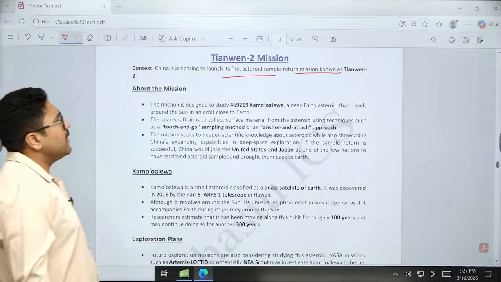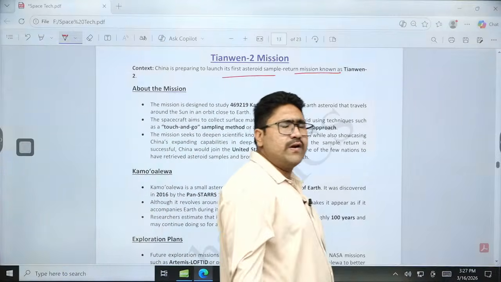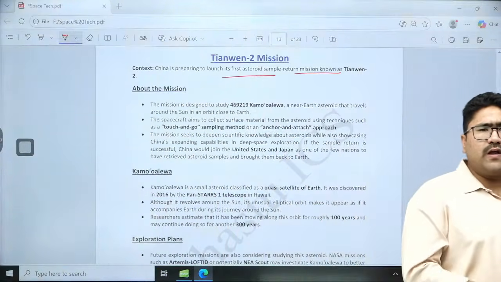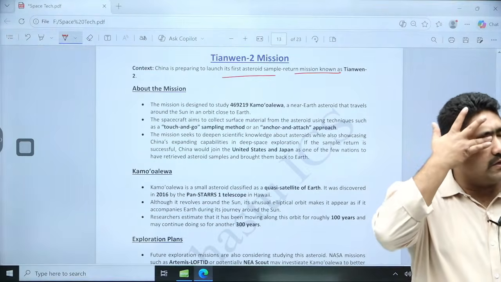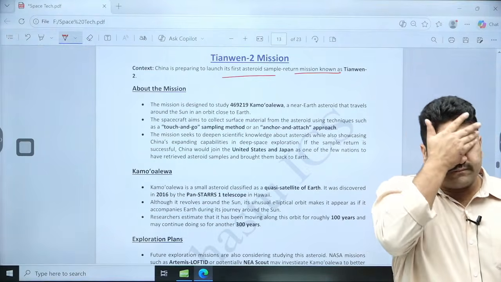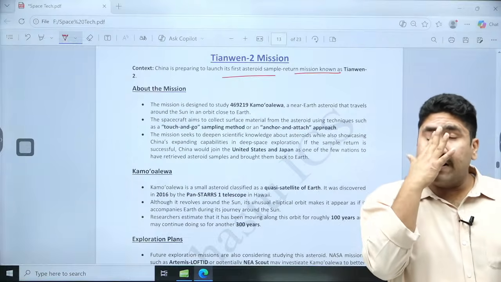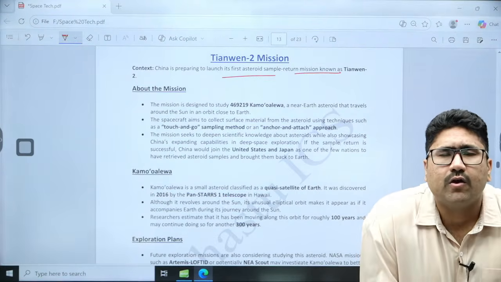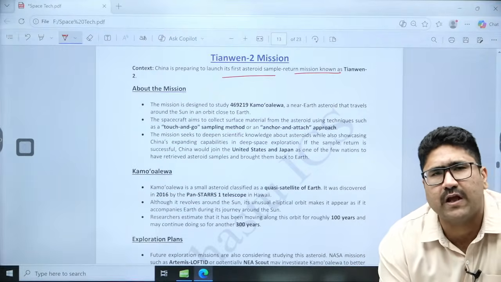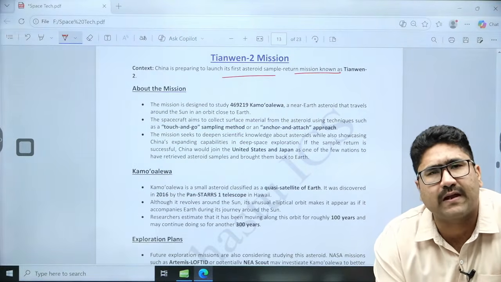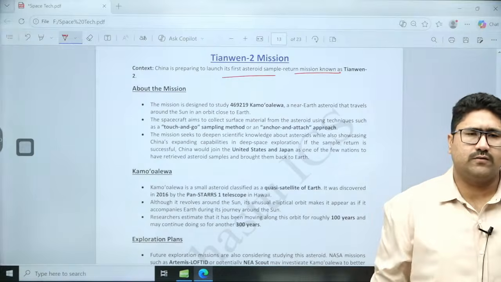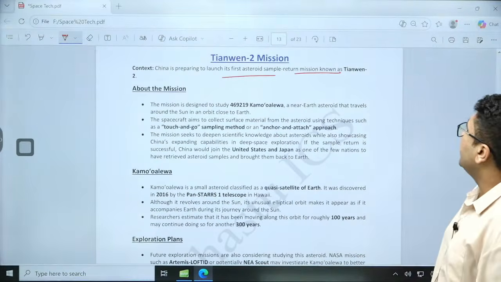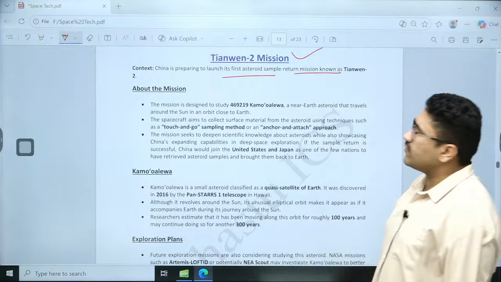Asteroid sample return means the mission is responsible for landing on the asteroid, extracting a sample from the asteroid and then flying back and coming back to the Earth. That is China's asteroid return mission, known as Tianwen-2.